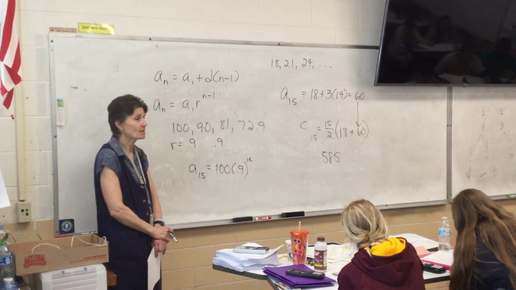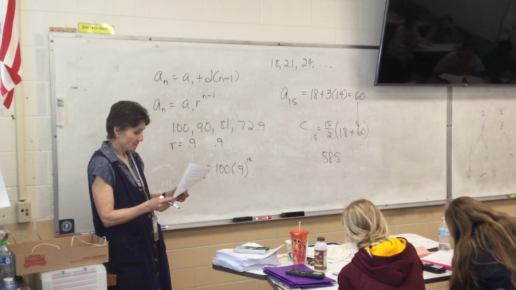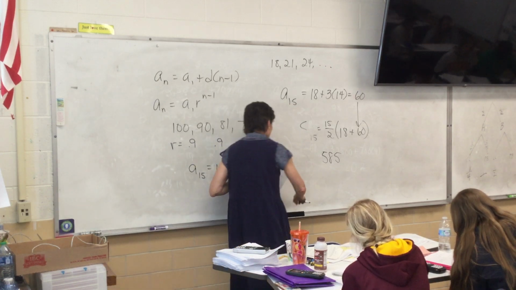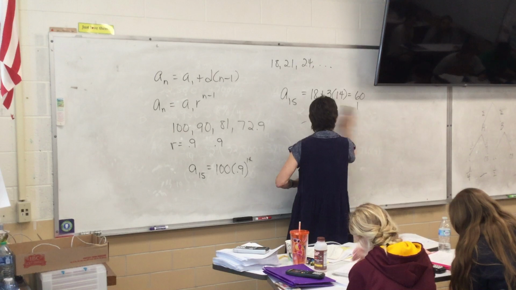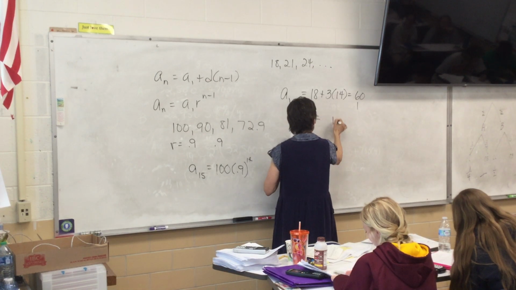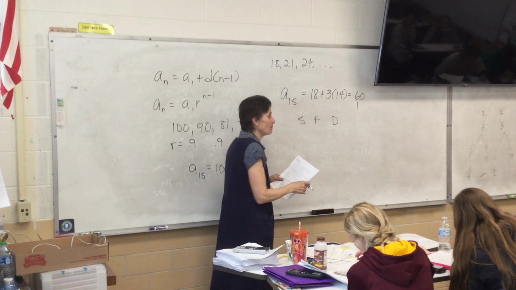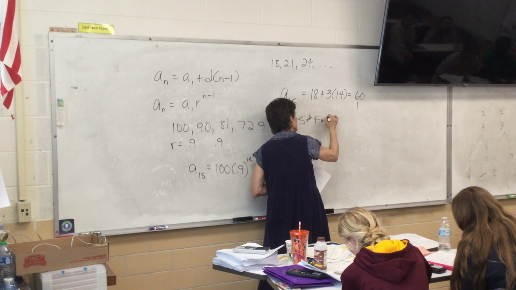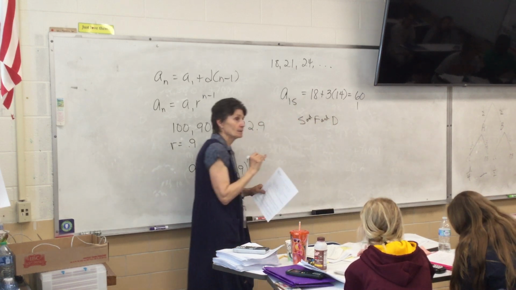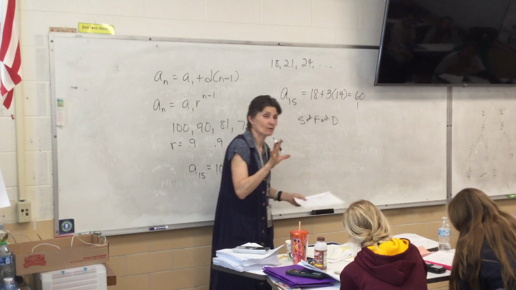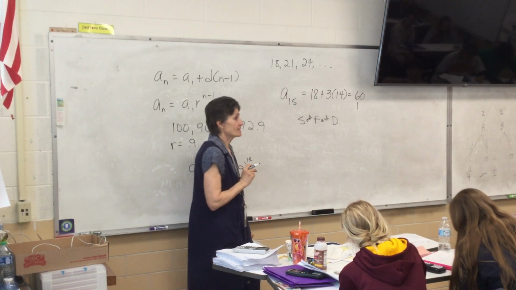Who else? Come on, let's go. Alexis? 10. How many different lunches are possible if you must have a sandwich, a fruit, and a drink? So you are going to pick a sandwich and a fruit and a drink. All right? Now, how many sandwiches are there to pick from? 6.